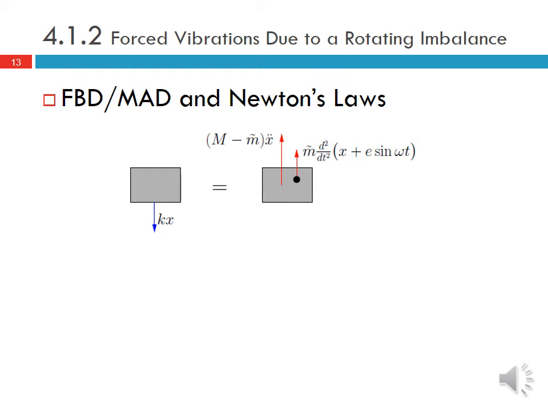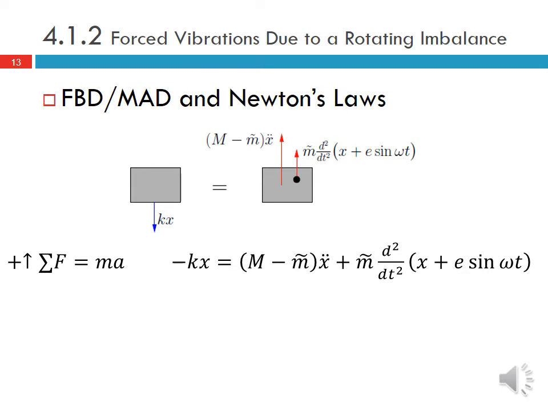So the free body diagram, mass acceleration diagram of this system is shown here. The acceleration of the machine body is (M minus m) x double dot, and the acceleration of the eccentric mass is m times the second derivative of its position, which is x plus e sine omega t.